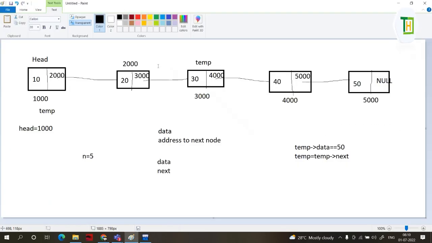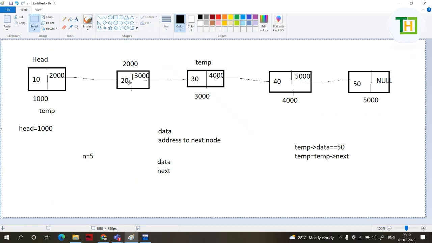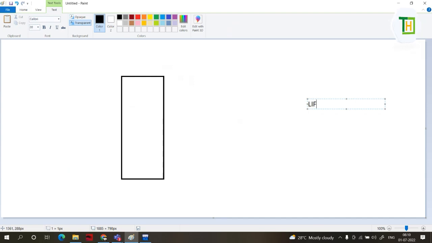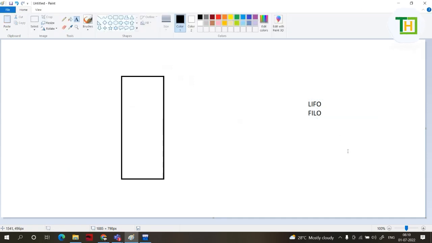Stack means a linear array, and that is one technique that always follows the last in first out technique, or first in last out. Both are the same. The stack follows last in first out or first in last out technique.